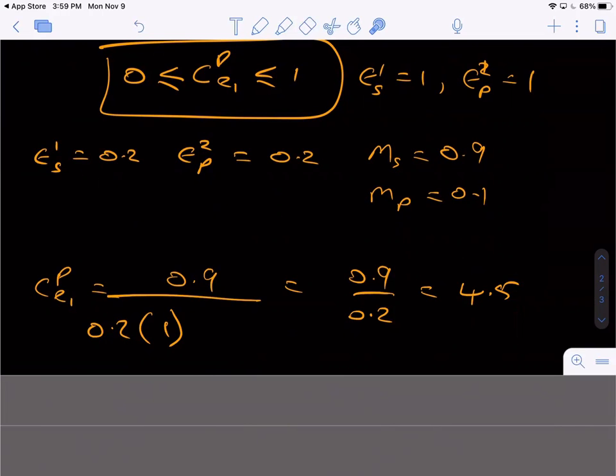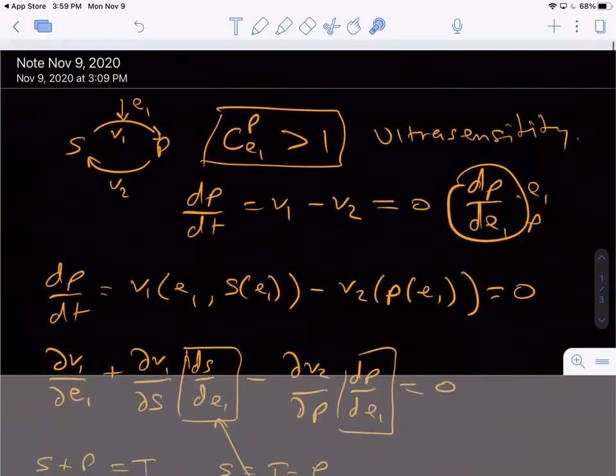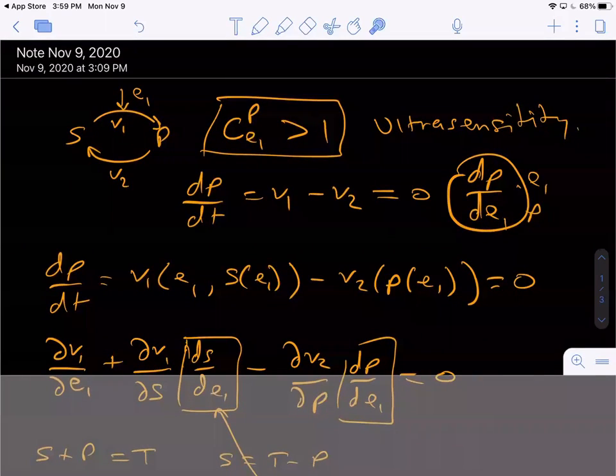So in summary, we started off with this system. We noted that the sensitivity of P with respect to E1 will give us an idea of how sensitive P is to E1. If that sensitivity is greater than 1, basically the system is showing ultrasensitivity, otherwise it's not.